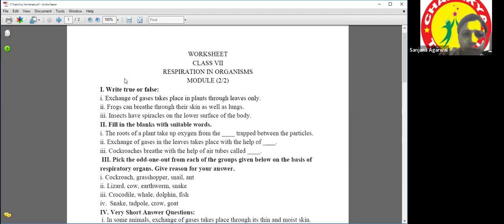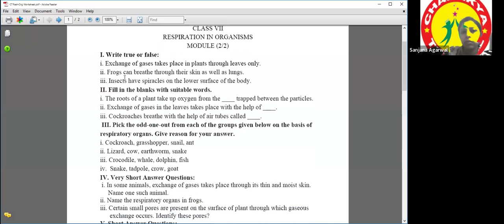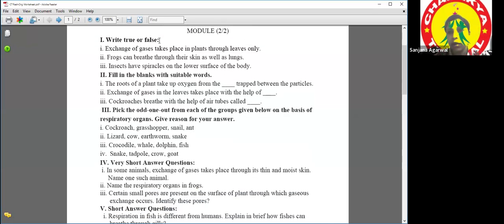So let's start with the first question, true or false. Keep writing your answers in chat first for the first one. First part. Exchange of gases takes place in plants through leaves only.